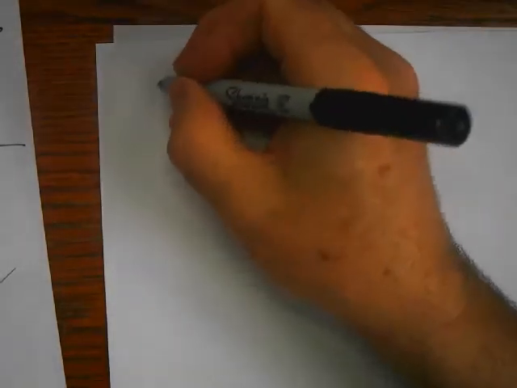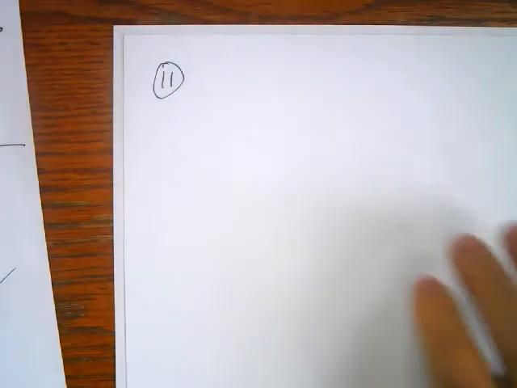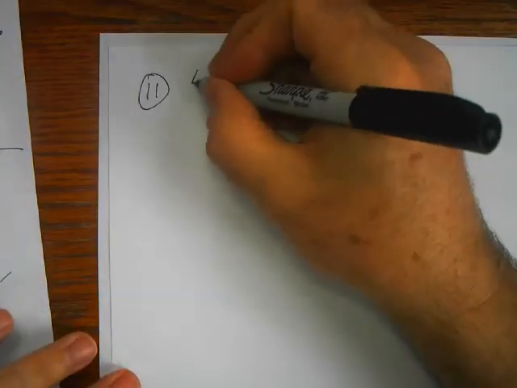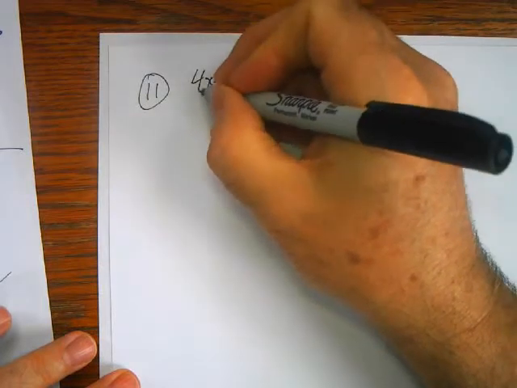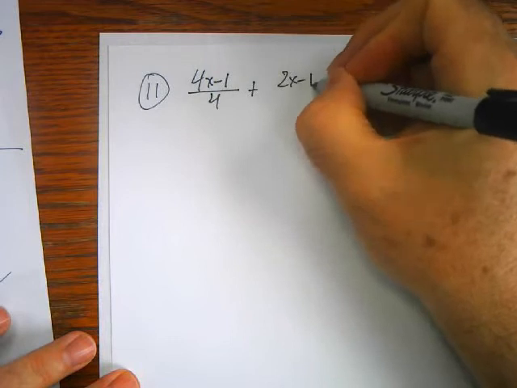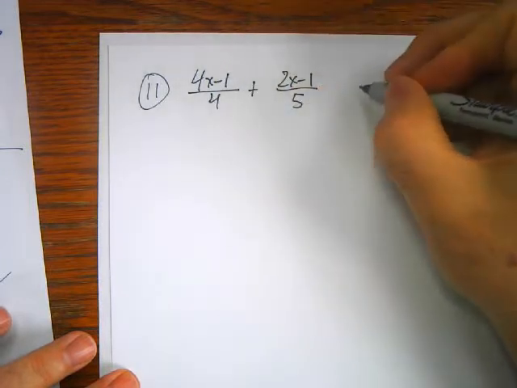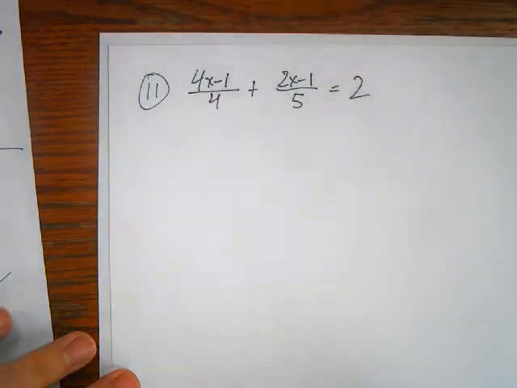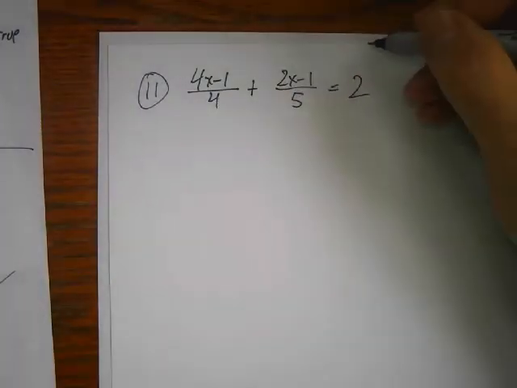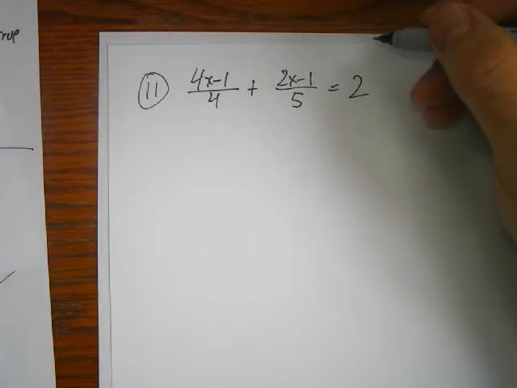So this is example 11. Let me just write it out again: (4x minus 1) over 4 plus (2x minus 1) over 5 is equal to 2. And like I said, this would be pretty much impossible to guess the answer. In fact, the answer is not even a nice integer.